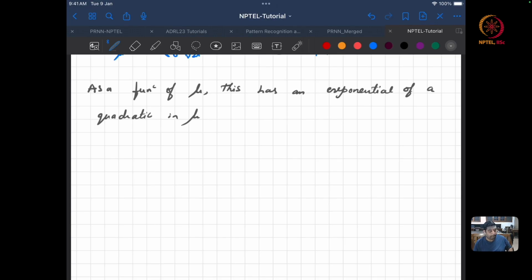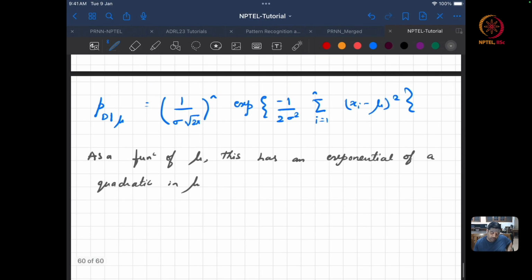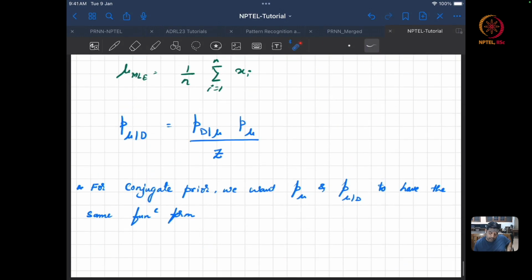So what do we want our P of mu to be? This is an exponential of a quadratic in mu. When I multiply this, I should retain the same functional form. We need P of mu such that when I multiply it with this specific thing, we get the same functional form as that of P of mu.